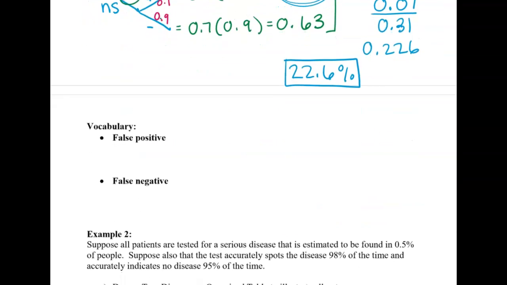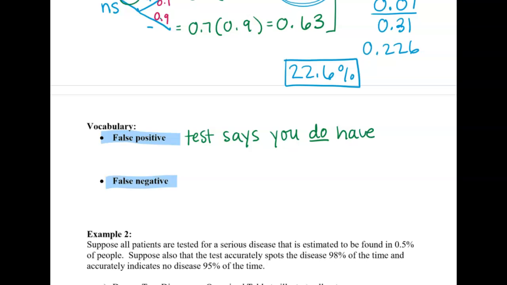Okay, here's some vocabulary. False positive, false negative. So a lot of it is about kind of tests and stuff. So a false positive is when the test says you do have the condition or disease, but you don't have it.